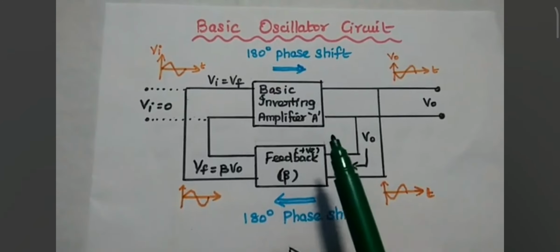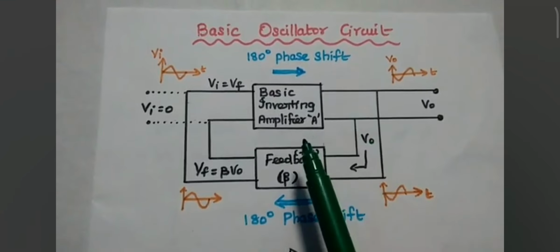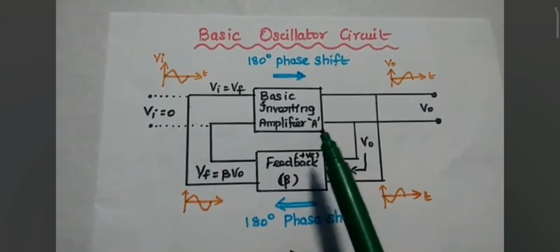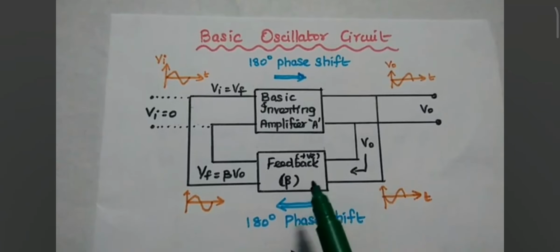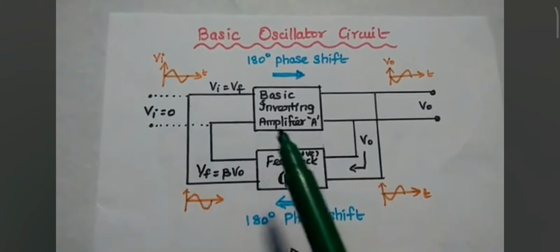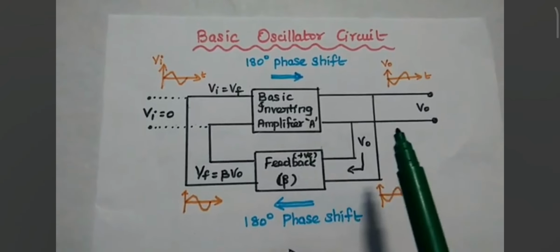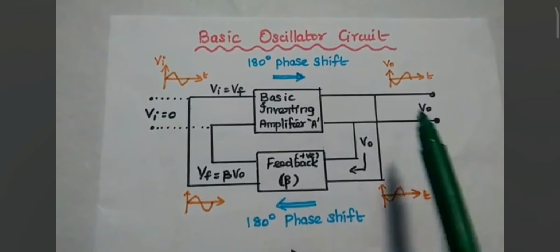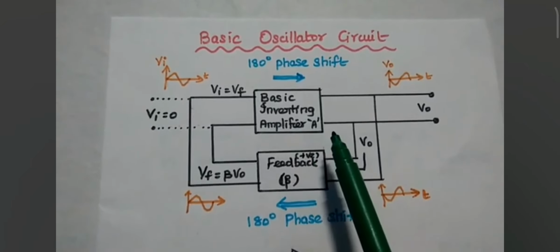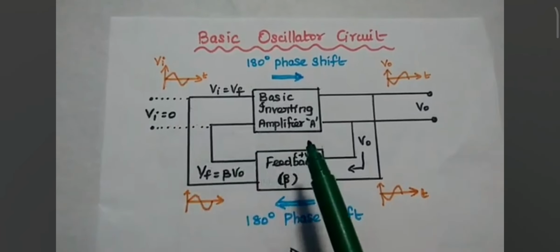This is the basic oscillator circuit. It consists of a basic inverting amplifier with gain A and a positive feedback with gain beta. There is no input given to this circuit. Here we get the output voltage from this amplifier due to the DC supply voltage, not from an input signal.